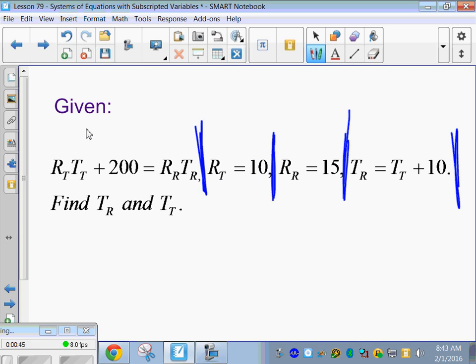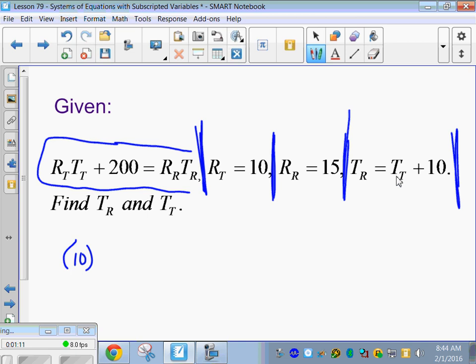Okay, so I'm going to take this first equation here, and we're going to substitute in anything we know. All right, so first I've got RT. So Nate, what should I plug in for RT? Right, it tells me here RT is 10. So I'm going to use parentheses and substitute in for RT. Okay, TT. Can we substitute in for TT?